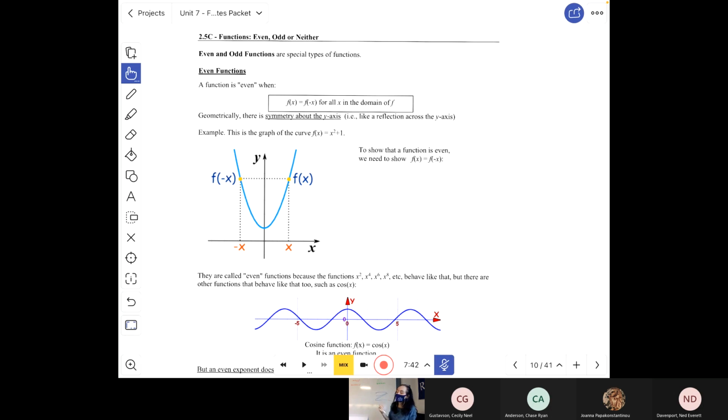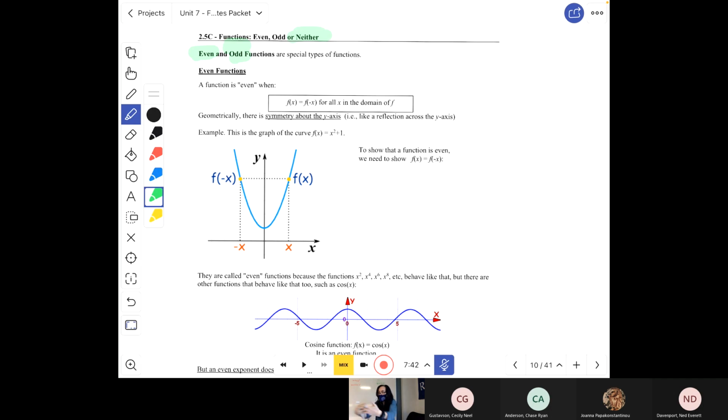But I'm going to give you another way to classify functions so that as you are doing those, you can think about how you see them graphically, these special functions, and how you can represent them and verify that algebraically. So what we're going to talk about next are very special functions: even functions, odd functions, or neither. You don't have to be even or odd, you could be neither.